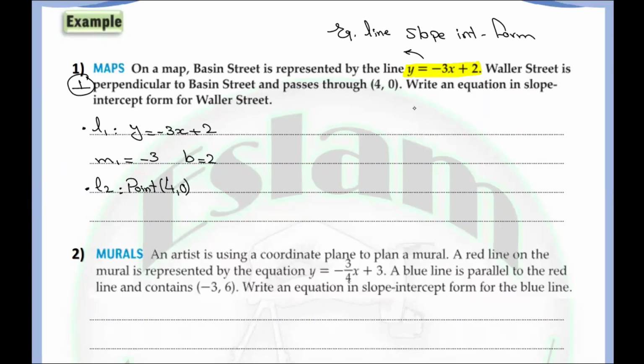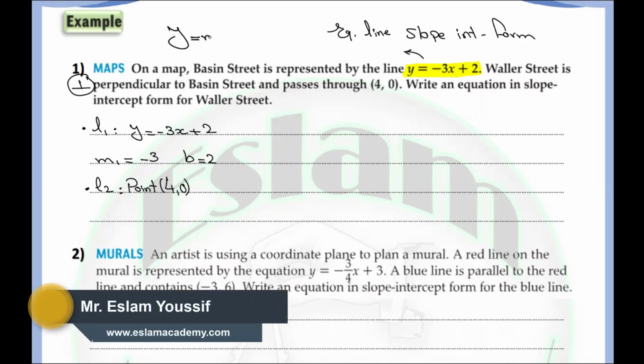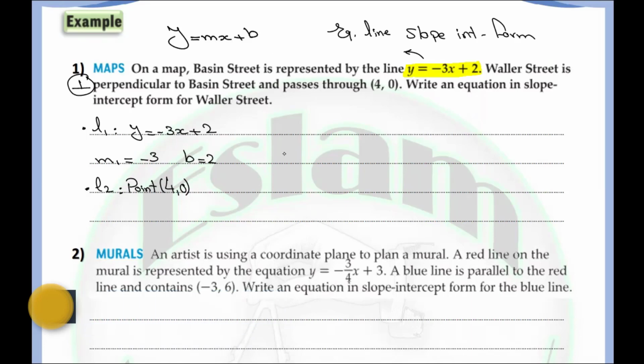We need to write the equation in slope intercept form, y equals mx plus b, for this line perpendicular to line 1 and passing through the point.